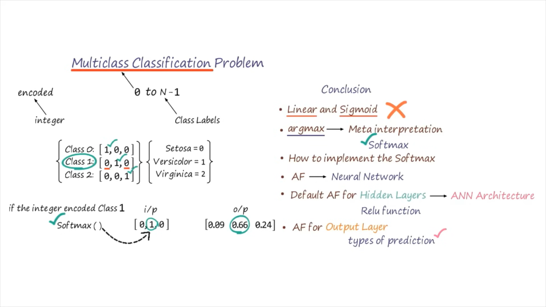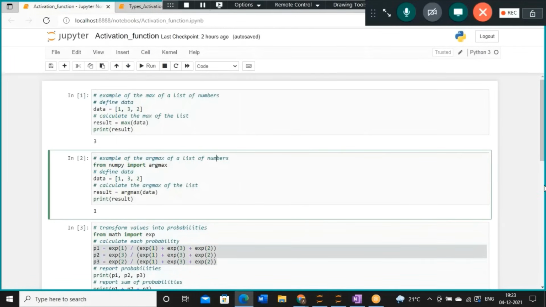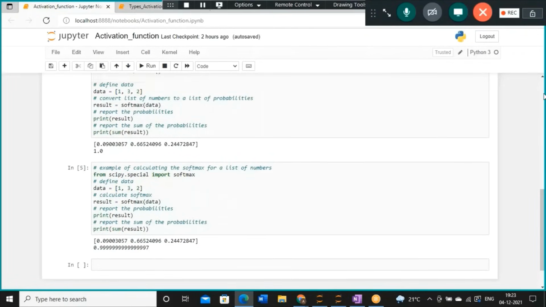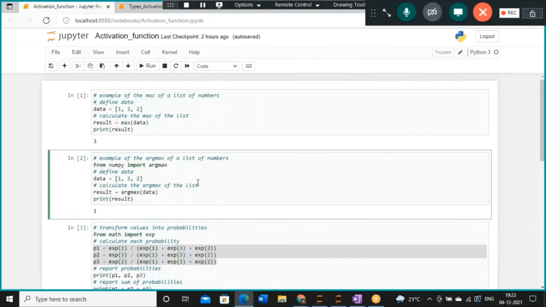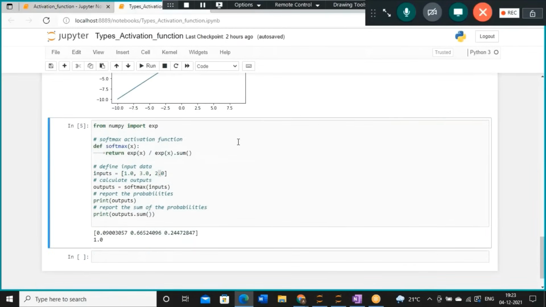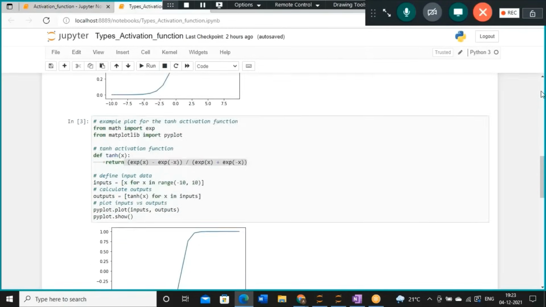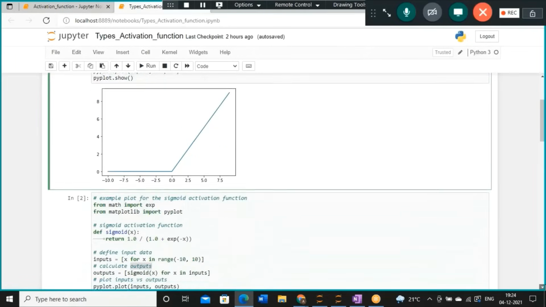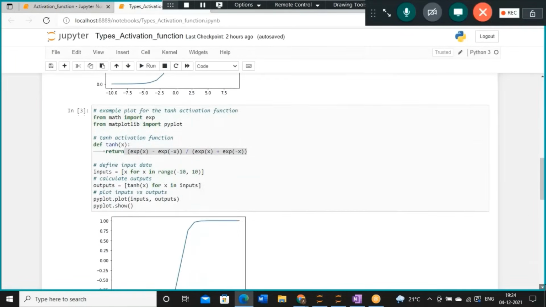Here I have designed all kinds of possible activation functions. You can pick any of them from here and use it in your neural network code, and you can get a good perspective of the activation functions because the plots are also given.